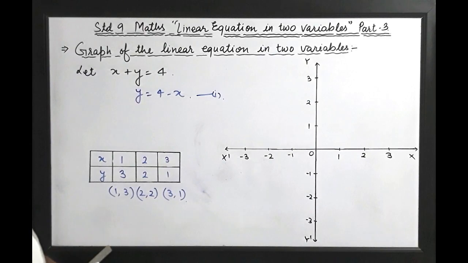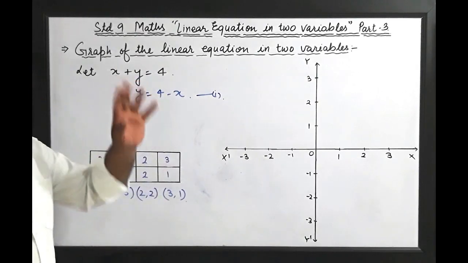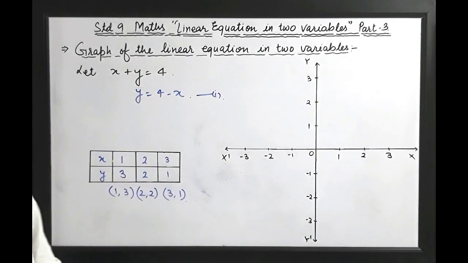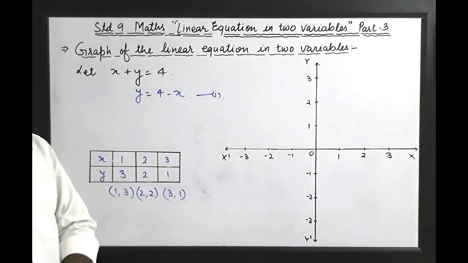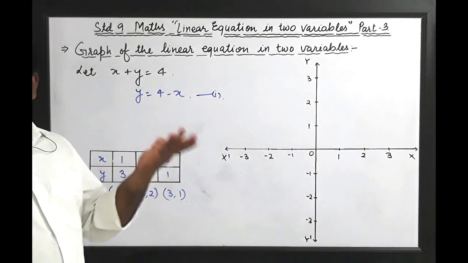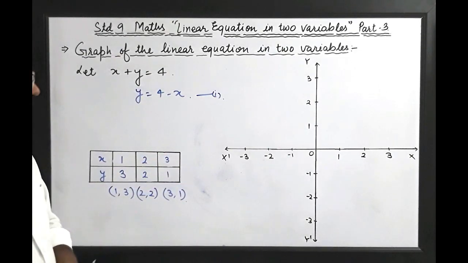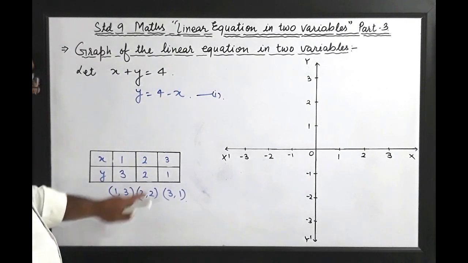Now to draw the graph of this equation, let us plot these 3 points in the coordinate plane. इन तीनों पॉइंट्स को हम कोऑर्डिनेट सिस्टम में प्लॉट करते हैं और प्लॉट करने के बाद उसको ज्वाइन करेंगे. Let us see the graph of that equation. So our first coordinate is 1, 3.